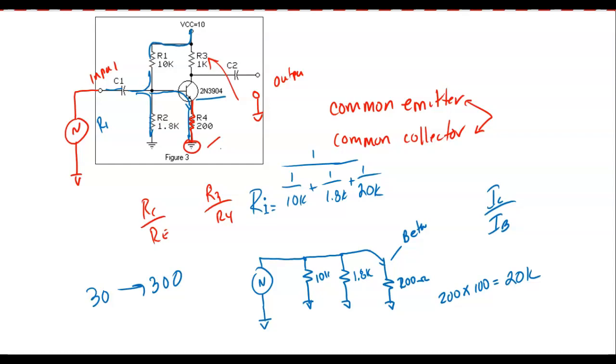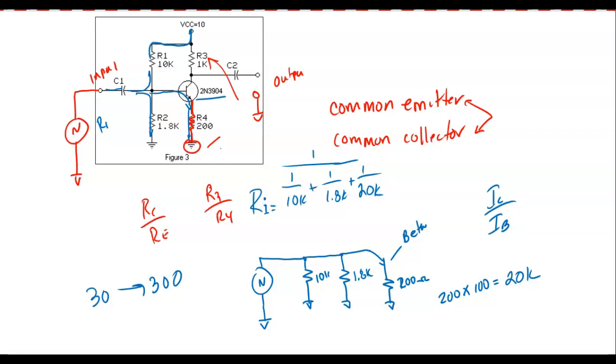And the way we calculate that is we put all this in like it's in parallel. So we're calculating the parallel resistance that this would be and this would be, but this is always times beta. And all we did was use the typical beta.